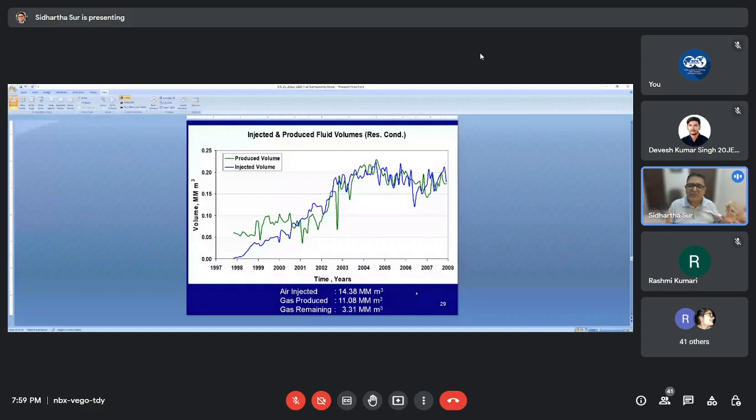So at the instant when the voidage replacement ratio is 1, the water drive mechanism is getting altered. From a water drive reservoir, it is getting driven to a crestal air drive. So this gas cap is playing a very big role at the top of the reservoir, where gravity again comes into the picture.